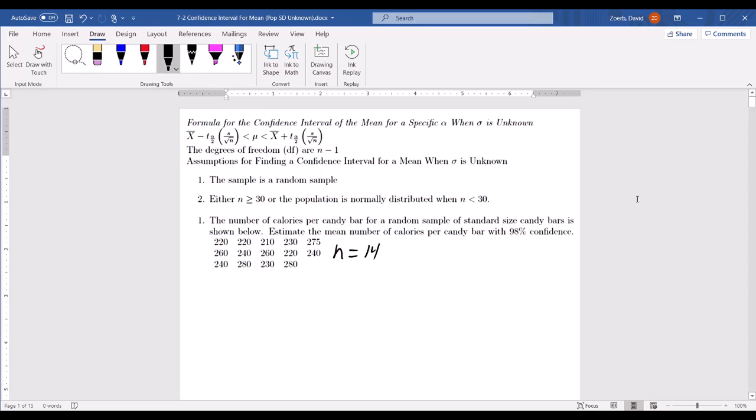So you're expected to punch all of these numbers in, the 14 numbers I just told you, and have it spit out X bar, which should be about 229.1, and your sample standard deviation, which should be about 63.84.